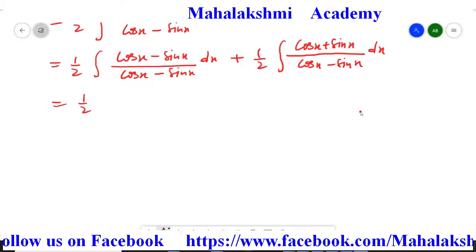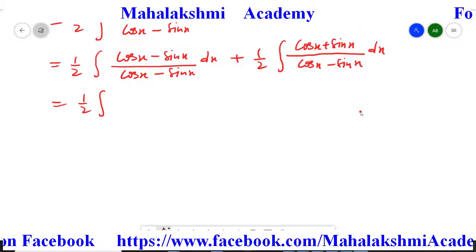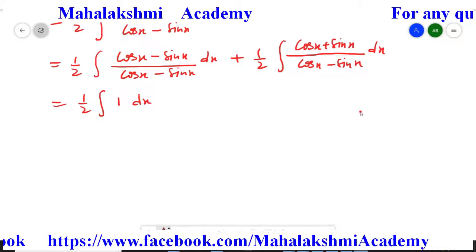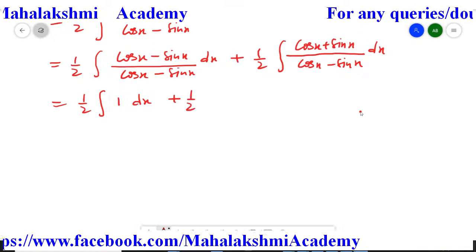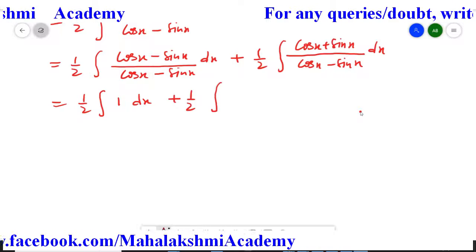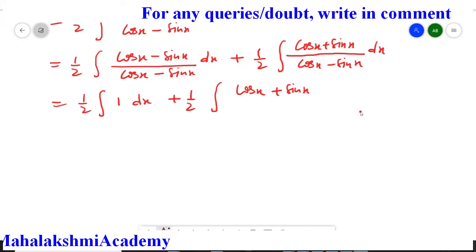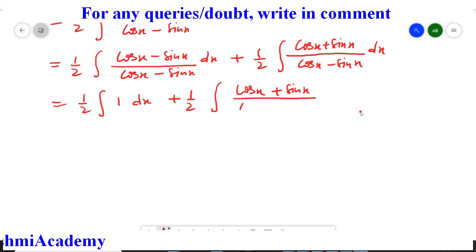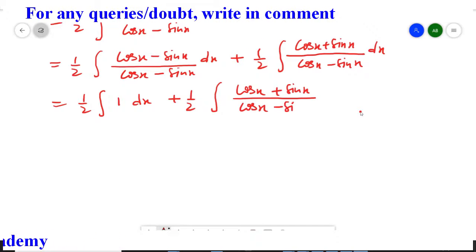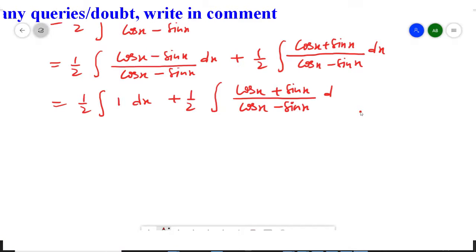So it's going to be 1 upon 2 integration symbol 1 dx plus half as it is, then integration of cos x plus sin x upon cos x minus sin x and dx.